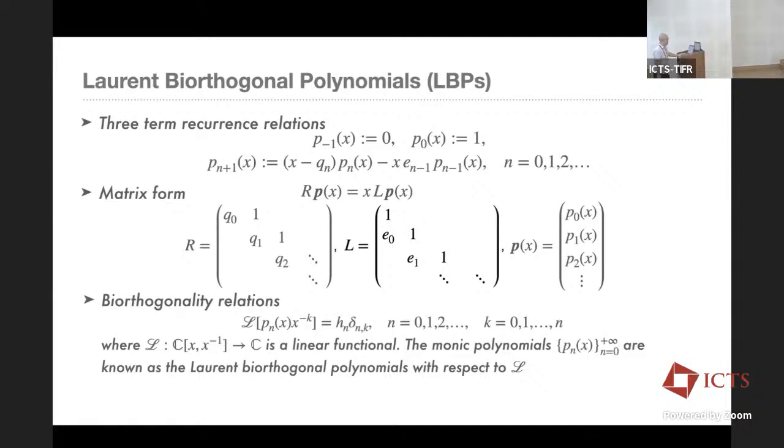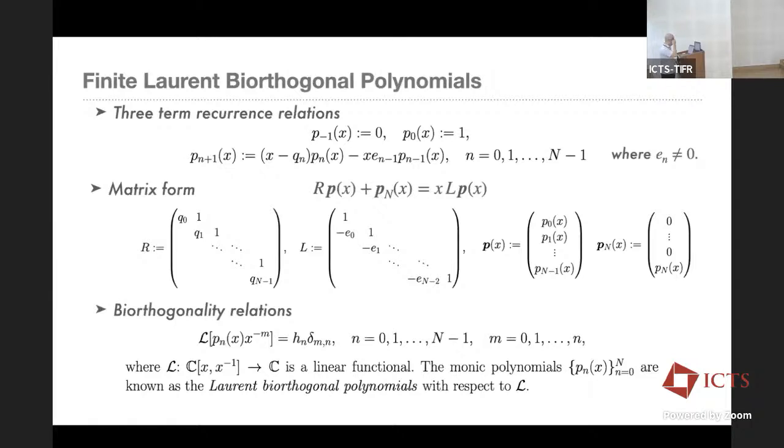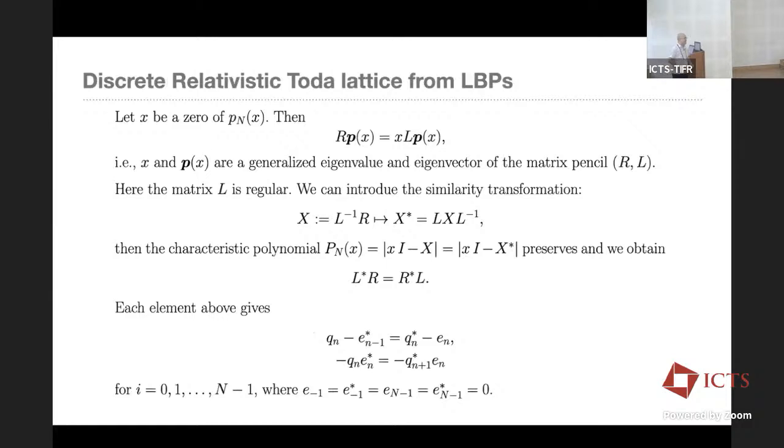What happens? Of course, it is the same manner. We will start from this one, and x could be a zero of the characteristic polynomial of R and L. And x and P form a generalized eigenvalue problem for the matrix pencil.